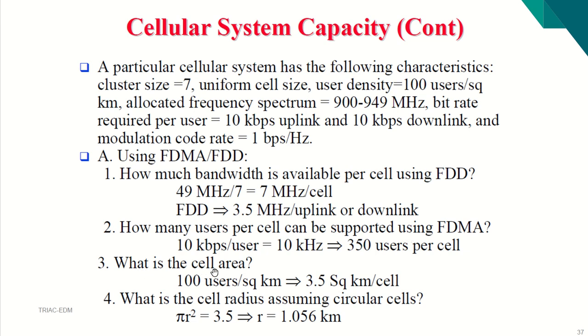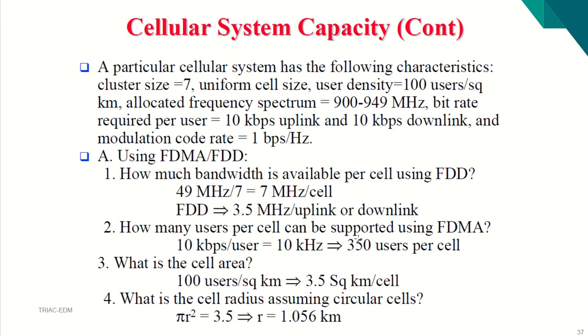Then what is the cell area? 100 users per square kilometer equals 3.5 square kilometer per cell, right? How is that done? We have 350, which comes from the available bandwidth and the demand for each user. That gives you 350.